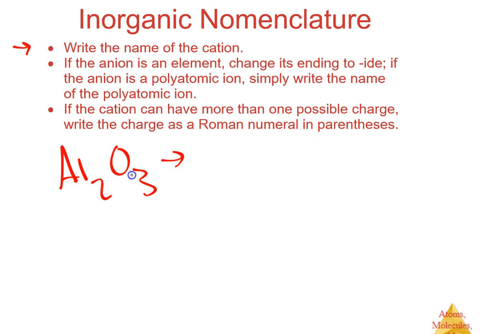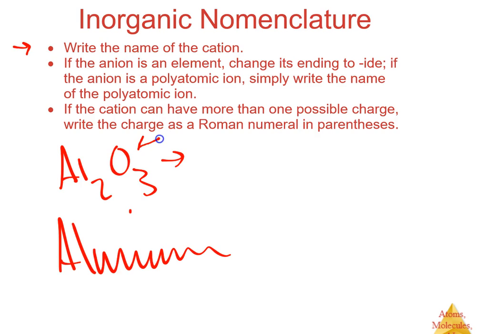To find the name of that, it says to name the cation, which is aluminum. And then it says, if the anion is an element, is oxygen an element? Yes. Then just name it ending in "ide." Aluminum oxide. That wasn't that bad, right?